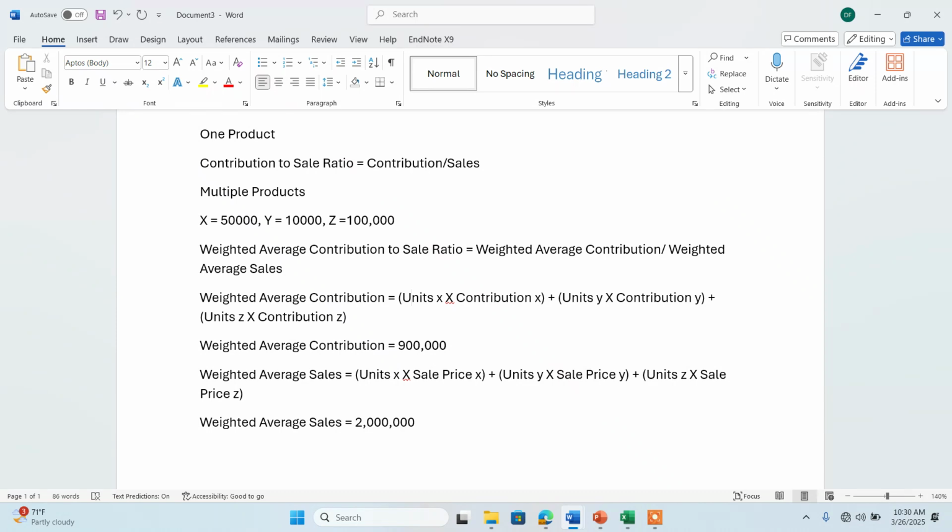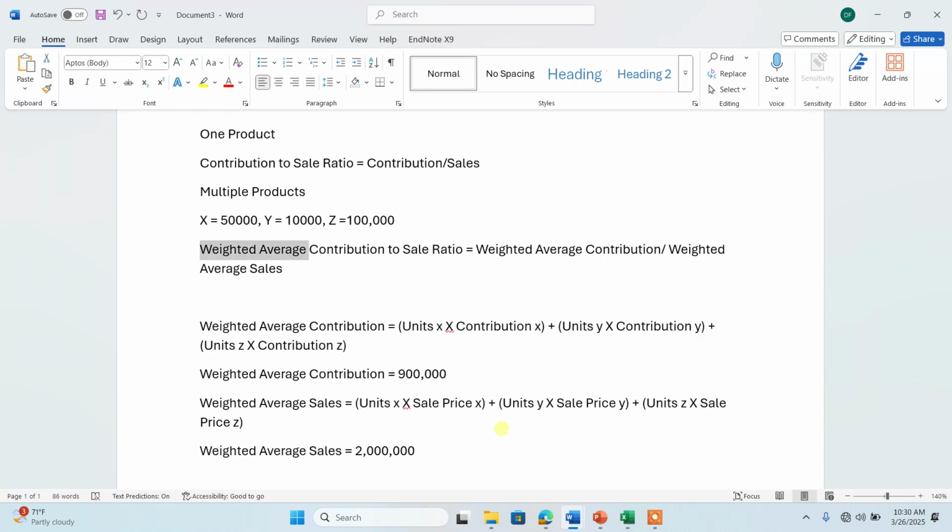So now we can put the values into this formula to find the weighted average contribution to sale ratio. The average contribution is 900,000 divided by 2 million.